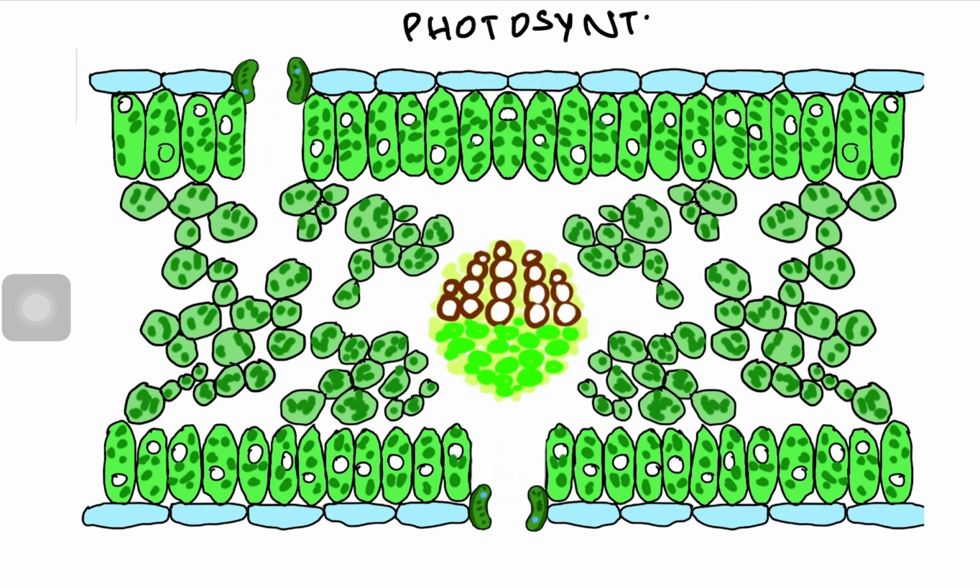Now, while we are here at this leaf structure, let's quickly revise photosynthesis. For photosynthesis, we need light, which is obviously passing through the epidermis and reaching our palisade and spongy mesophyll cells. What else do we need? We need water, which is coming to the leaf from the xylem vessels.